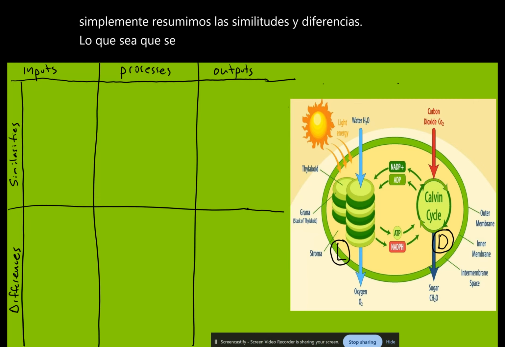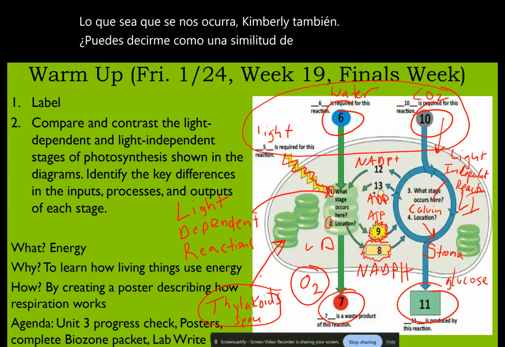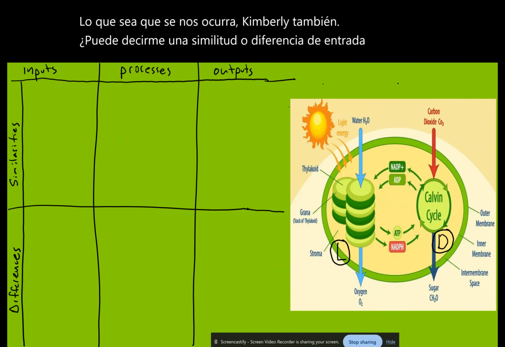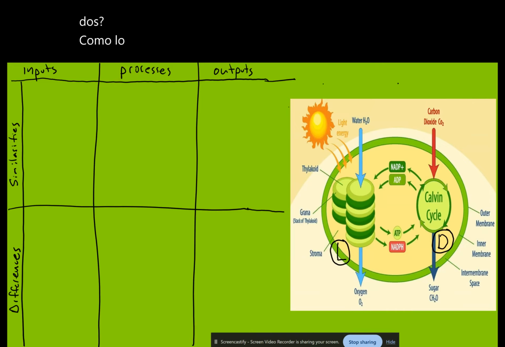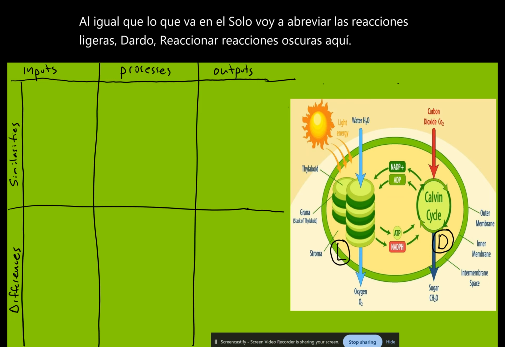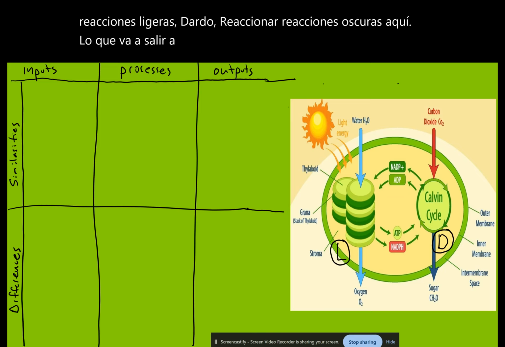Kimberly, can you tell me an input similarity or difference between the two? I'm just going to abbreviate them, light reactions and dark reactions here. What's going into the light reactions? I just put that LDR captures light energy and LIR does not need light to proceed. Okay, so that's the inputs.